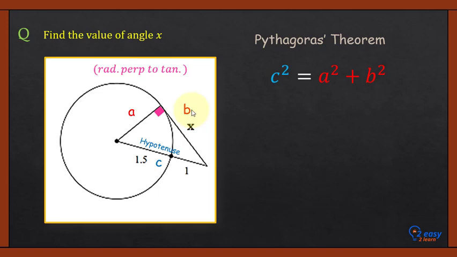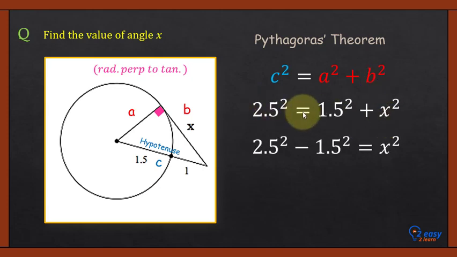Now plug in values in this formula and find the value of x. C is 2.5, so 2.5 square is equal to a is 1.5, 1.5 square, plus b is x, x square. Subtract 1.5 square from 2.5 square, shift this to the left hand side. So x square is equal to 4. Take square root on both sides to cancel out the square.